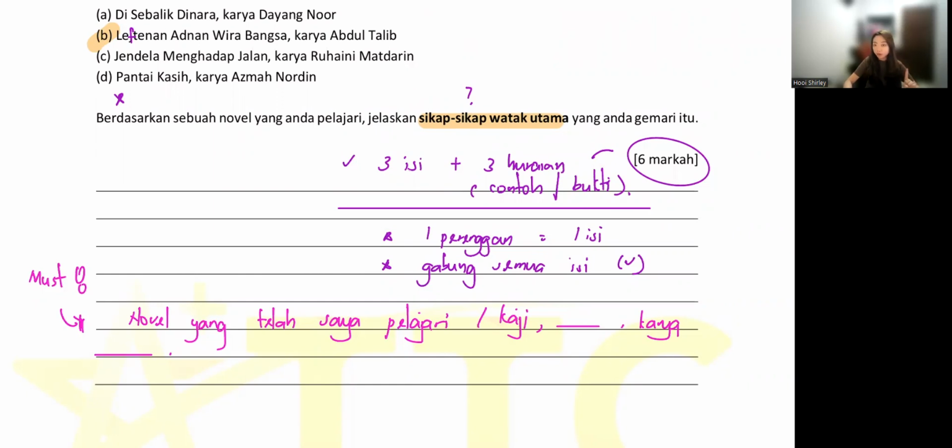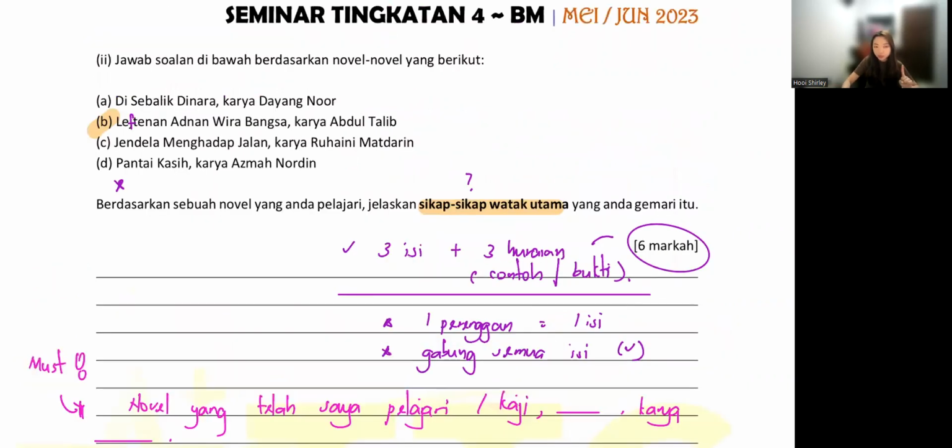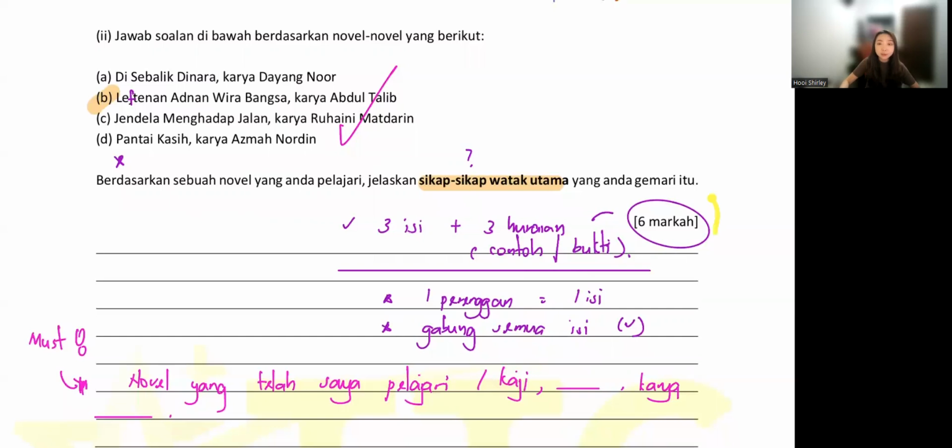This is compulsory because there are so many selections here. Teachers, from the contoh and bukti, I already say maybe it's Lieutenant Adnan, what happened? So it's very obvious it's Lieutenant Adnan's novel. Yeah, it's very obvious, but this is compulsory. So if you never write this sentence out, your teacher also has the right to give you all wrong. Even if you are all correct, your teachers have the right not to give you the marks.